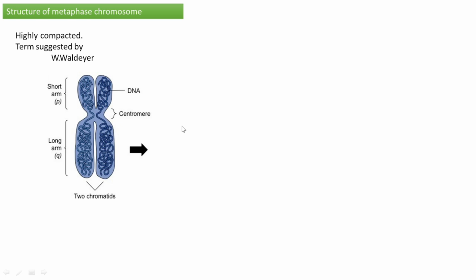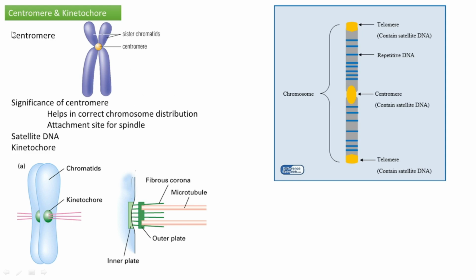Then we are going to learn more about the centromere and kinetochore. The centromere is a button-like constricted region that holds two sister chromatids together. Okay, this is the centromere.